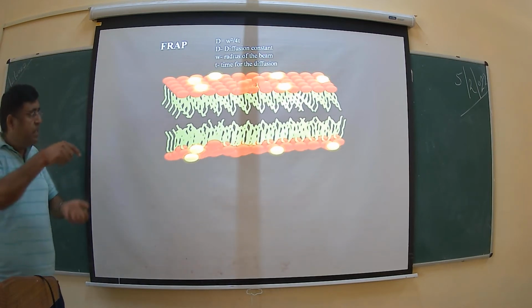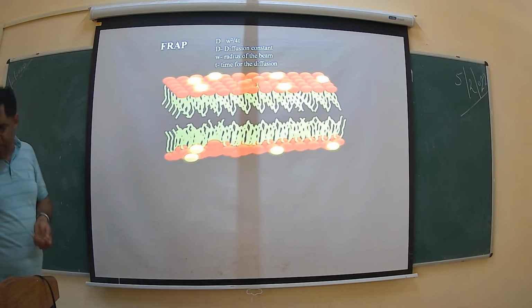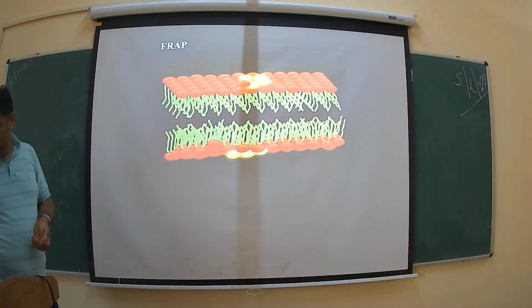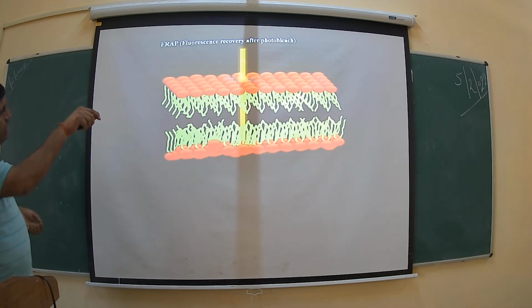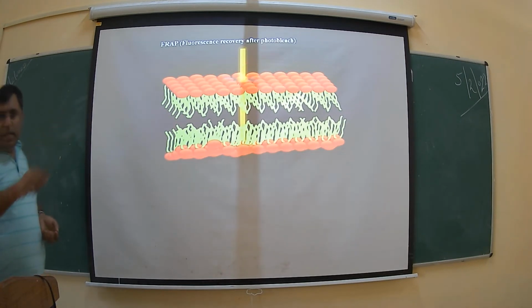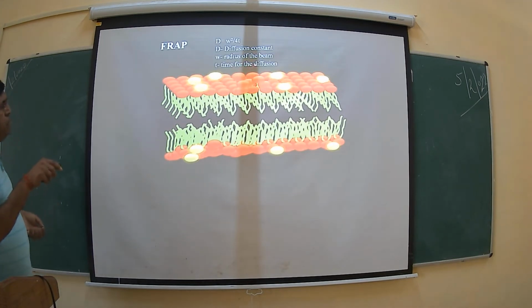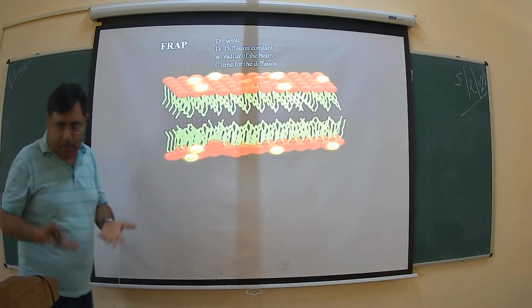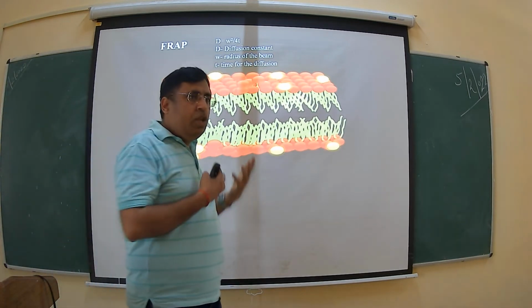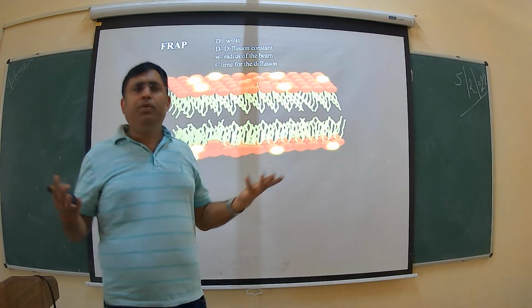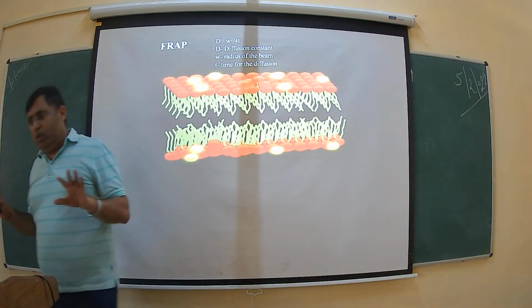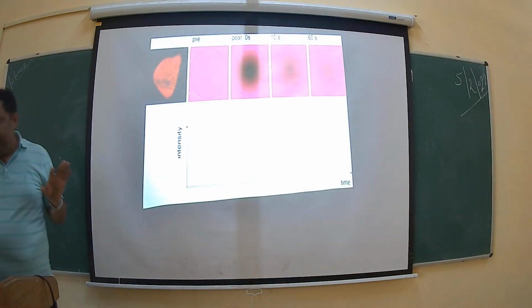What is the radius of this beam, and then the time for diffusion, how much time recovery took. So you can understand the diffusion coefficient of any protein. You got this point? Is that clear?